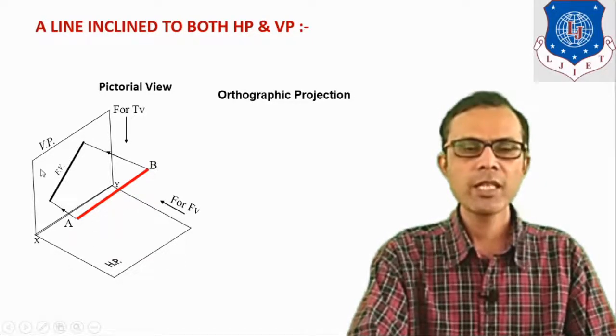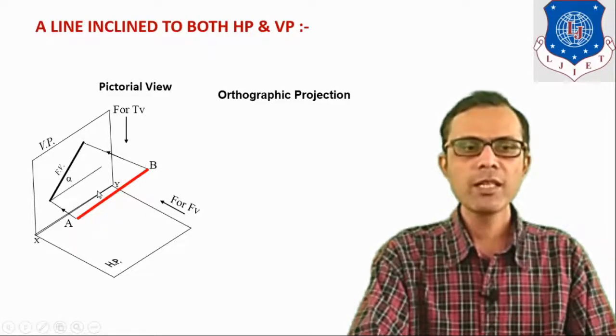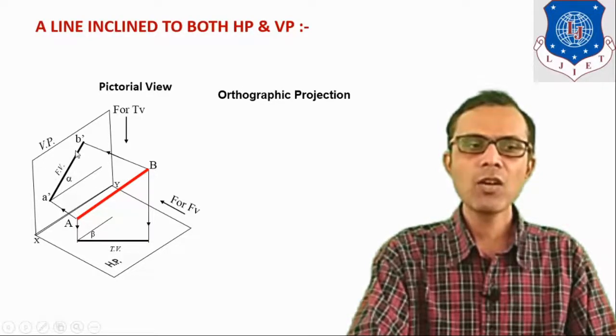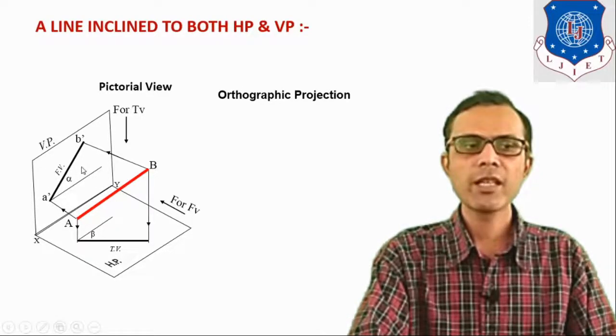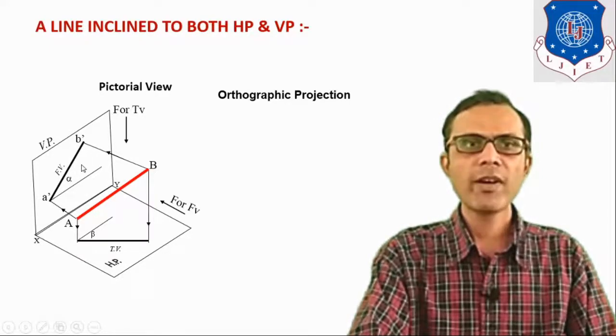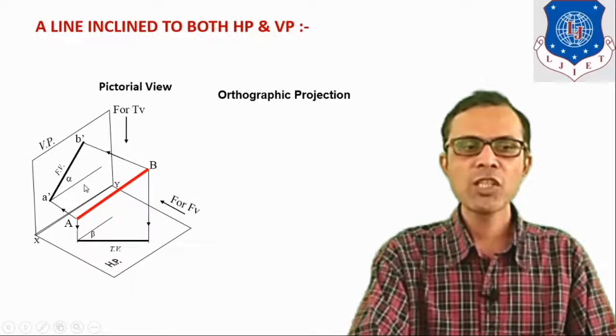So say this is the front view for the given line and this is the top view for the given line. The inclination angle of this front view A dash B dash is denoted by alpha. So it is the inclination angle of the front view with HP.